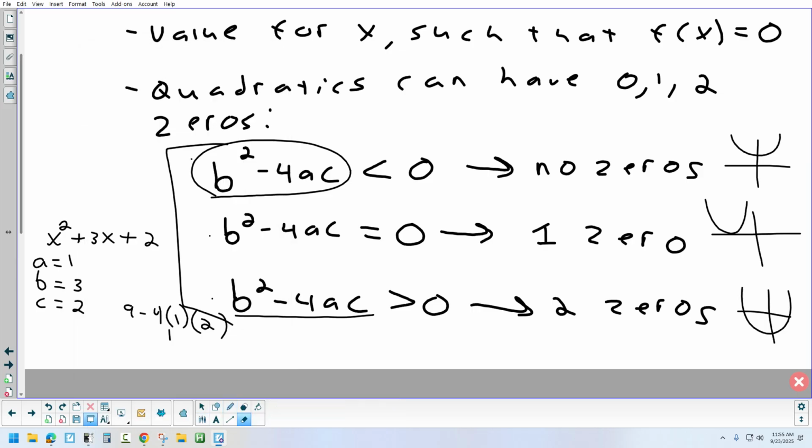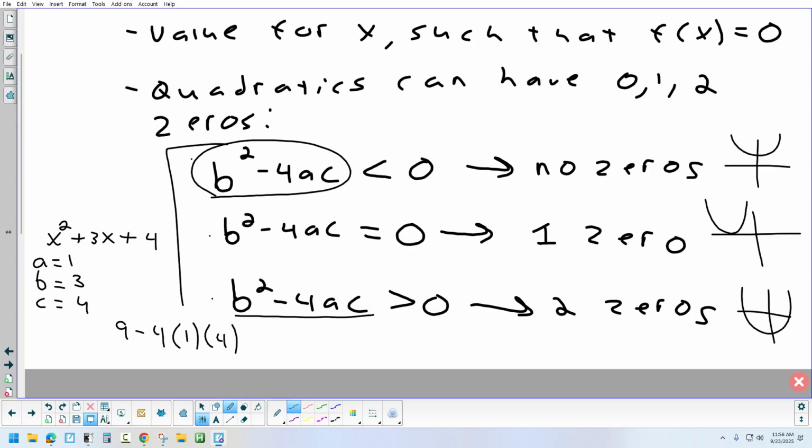Now let's change that c to a 4. Just change that one number. What's a this time? Yeah, still 1. How about b? 3. And what about c? 4. So b squared is still 9, minus 4 times a times c.